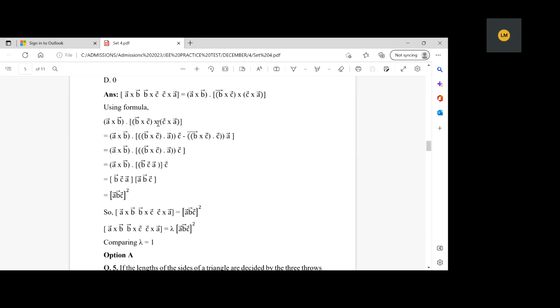We'll be able to write this as (B × C · A) C minus (B × C · C) A. So the very basic formula that you have studied, you can simply use it. You can arrange the terms in such a way that whatever is given in the left-hand side, you can change to something given in the right-hand side. That's what you need to think when you have these types of questions to solve.